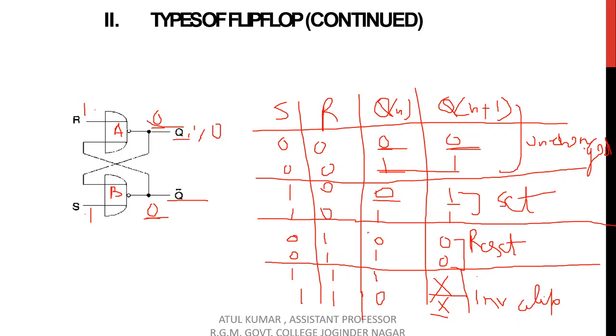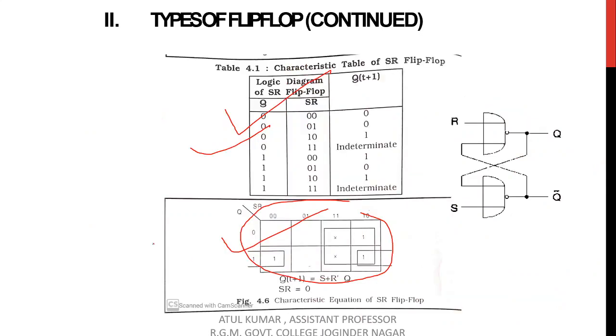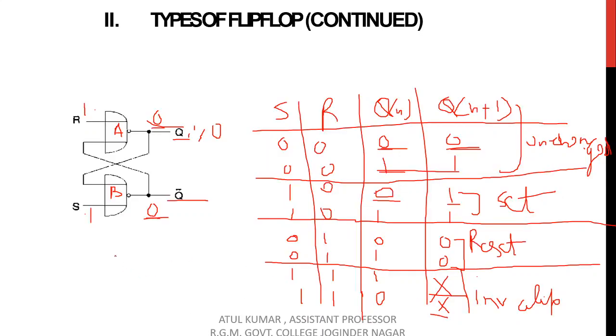So if I briefly create a small table: S, R, Q and Q dash.